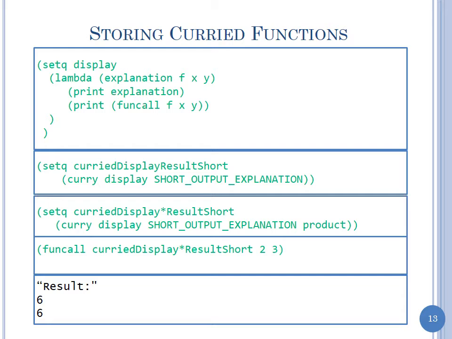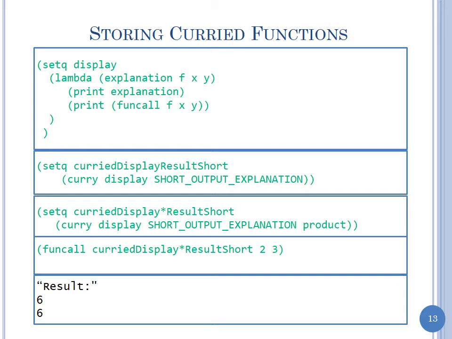So one curry is curry display short output explanation. The other is curry display short output explanation product. They both have a common prefix. What happens if you call that function before the asterisk?